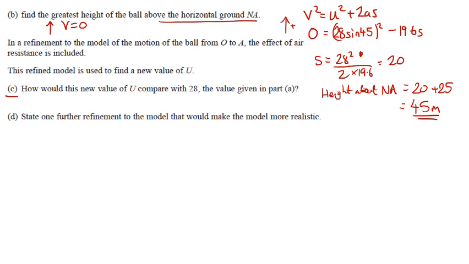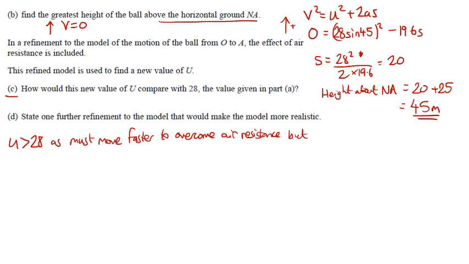So therefore, it must have been projected faster, if it has to overcome that and still end up at point A. So u must be greater than 28, as it must move faster to overcome air resistance but have the same range as before.